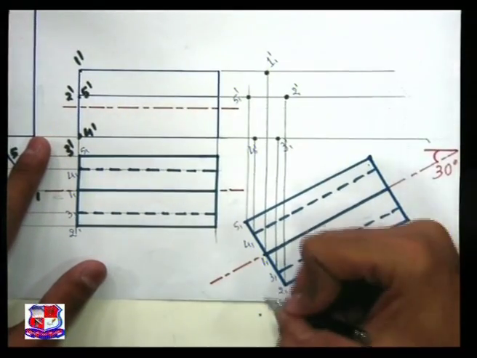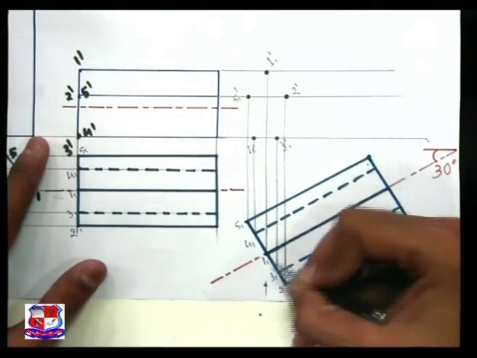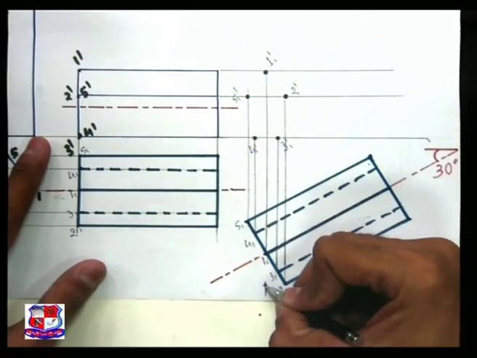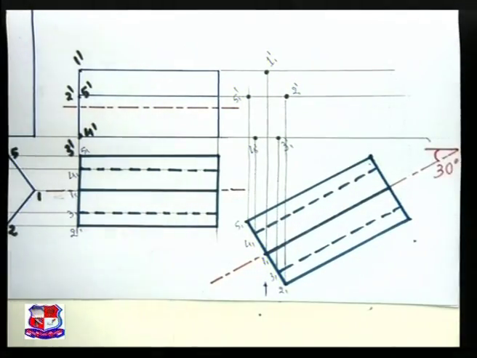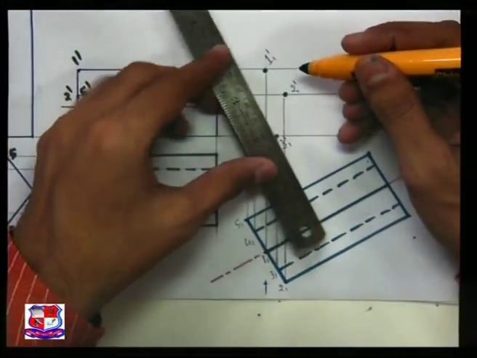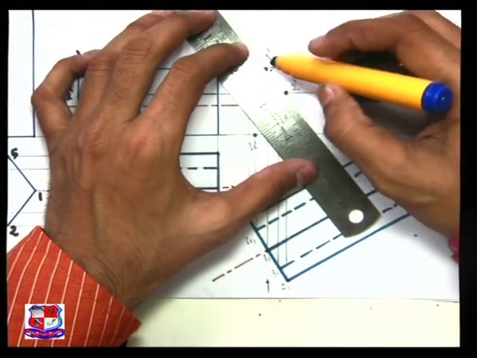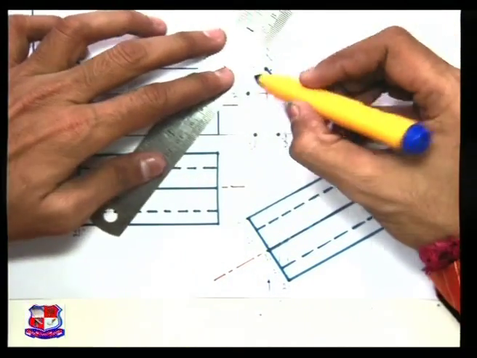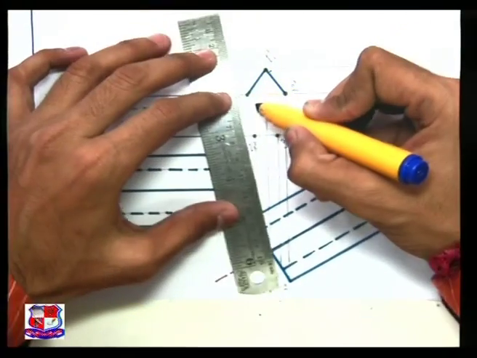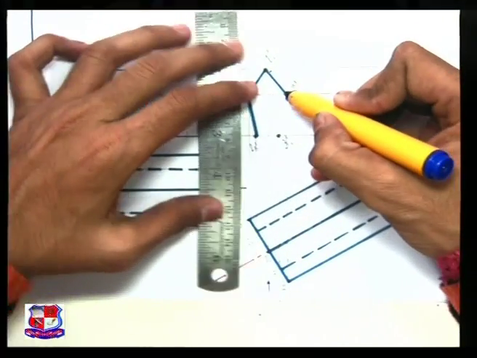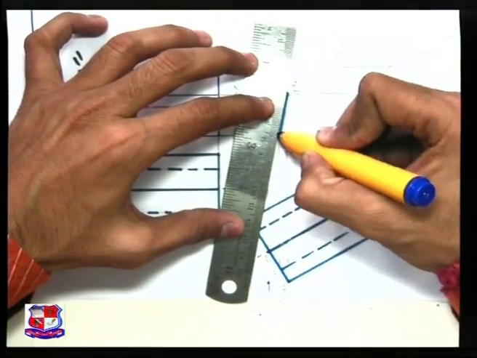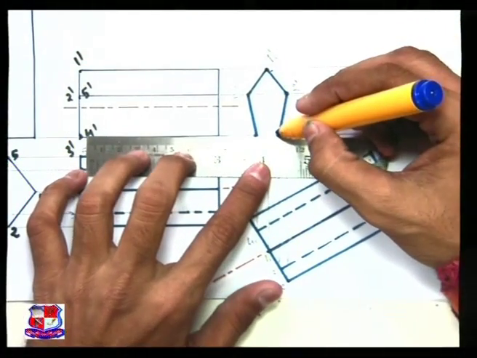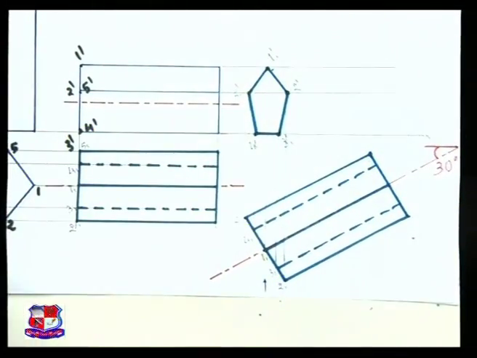As we are looking from here, this corner, this face is towards us, so all points 1 2 3 4 5 would be fully visible. So join all these points with a straight line and visible line, because that face is completely visible to us. 1 2 3 4 5 like this.